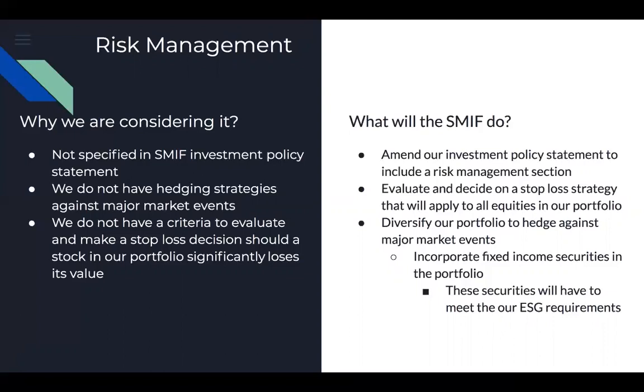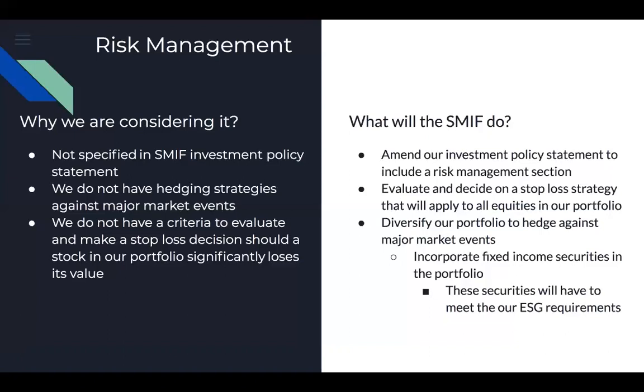This is so we know when a price is too low and when to sell it out of our portfolio. We will also try to develop a hedging strategy, which will help us make decisions when major market movements happen. And we'd sell some equities, and with the proceeds from that we'd hope to invest in fixed income securities.